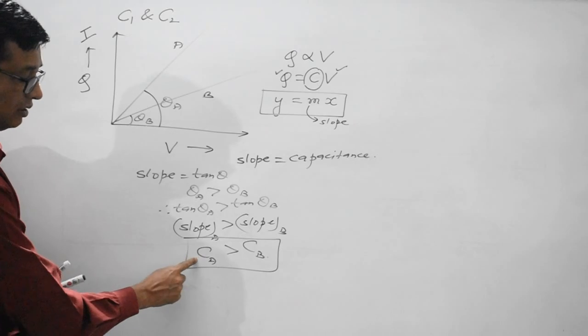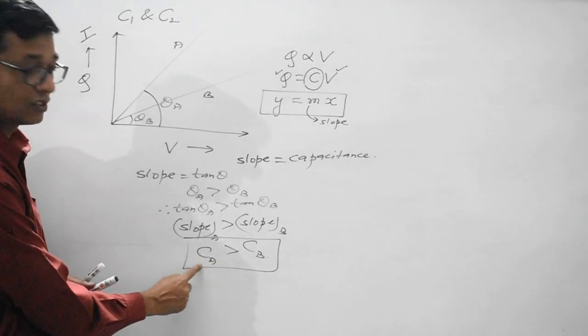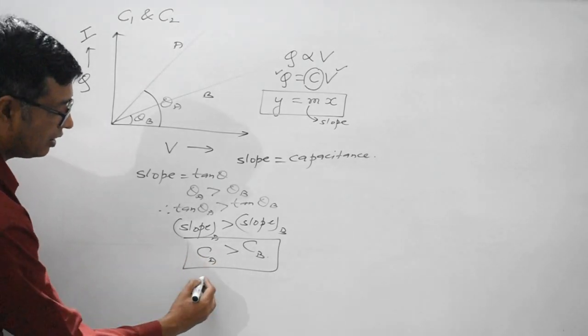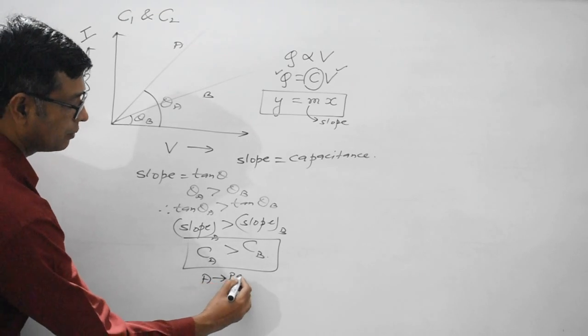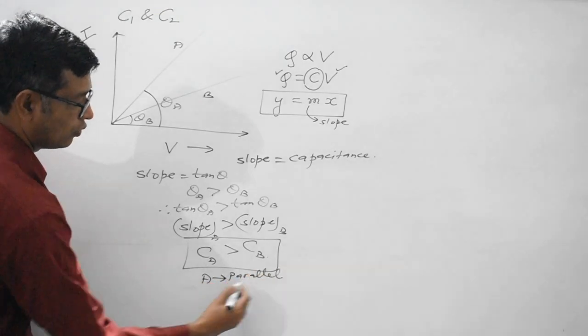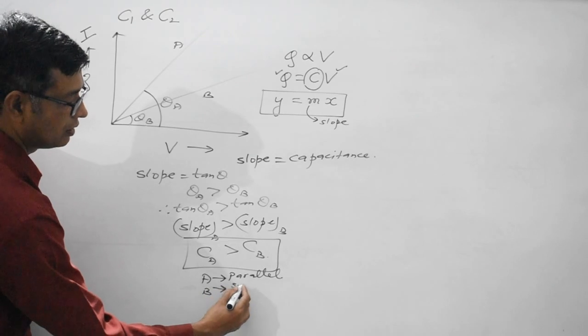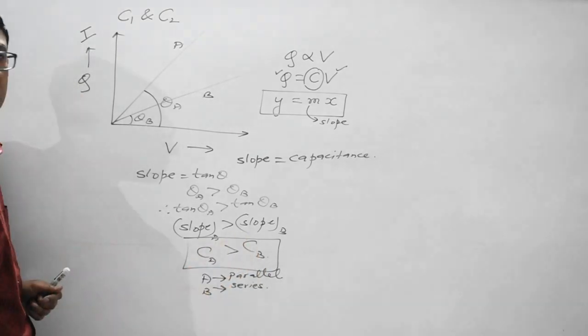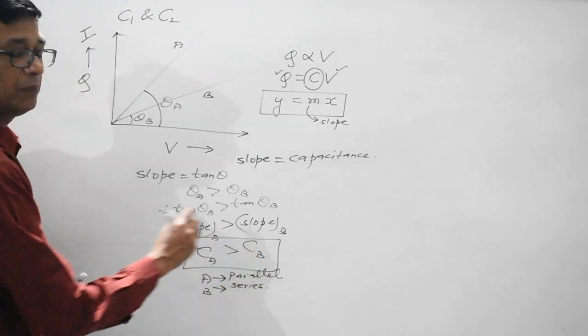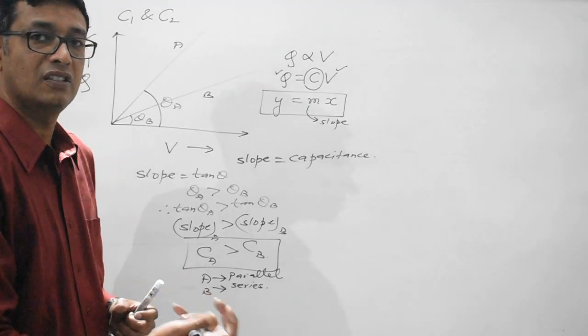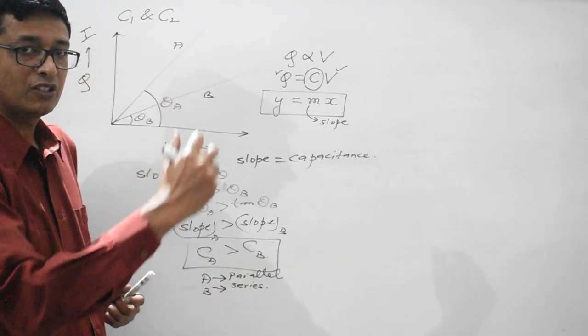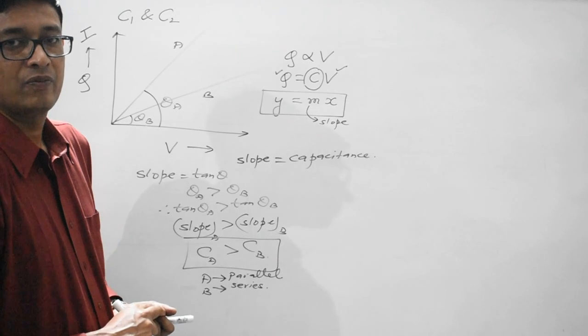So the net capacitance is greater in case A. So A must represent parallel grouping, while B must represent series grouping of capacitors. Because in parallel, the net capacitance increases; in series, the net capacitance decreases.